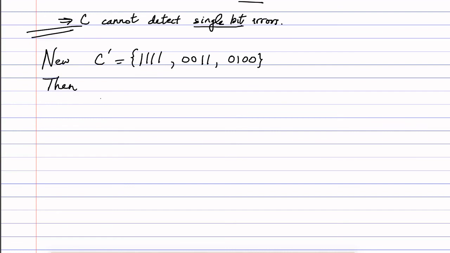So suppose you get this message. Actually, I'll just change that so it's there, and this. Okay, then as before, you can look at this and say, okay, this is an error because that is not a valid code word. But now you can also look at that and say, there is no error here.